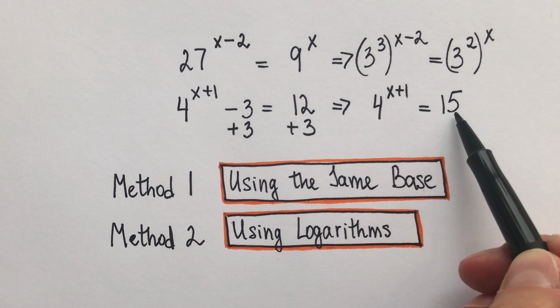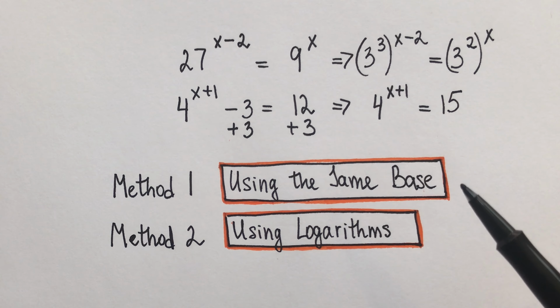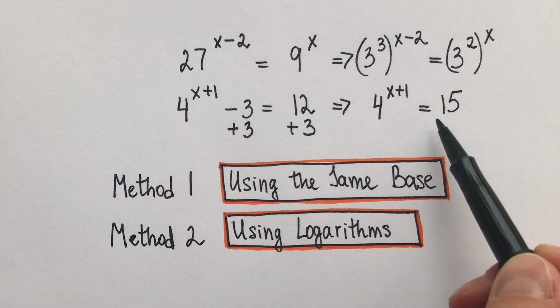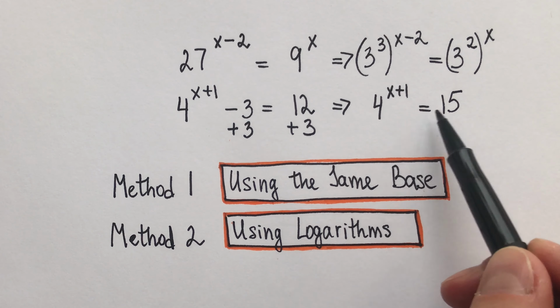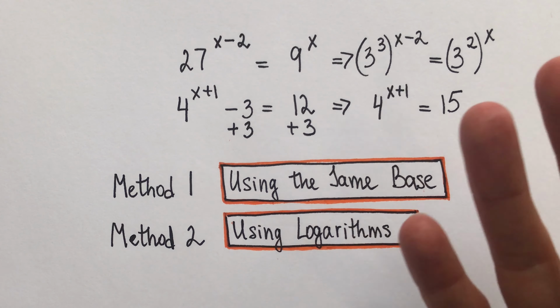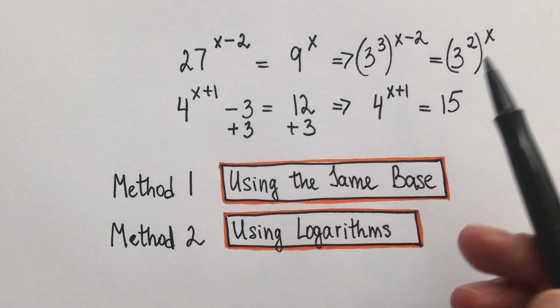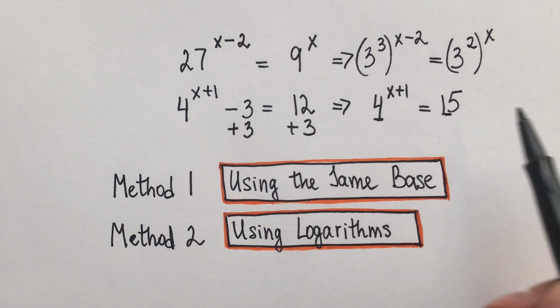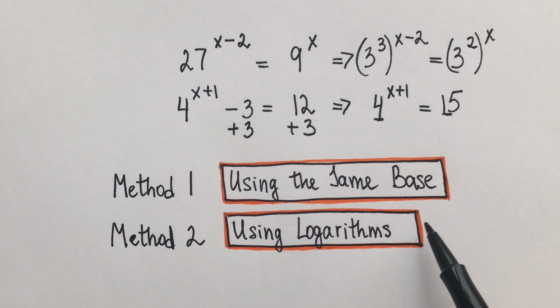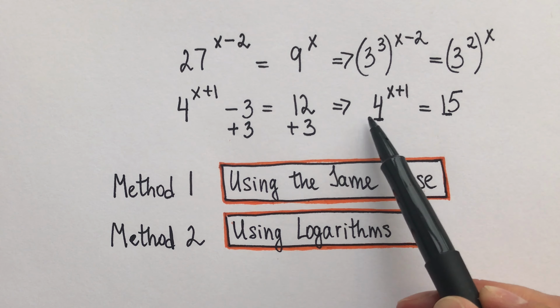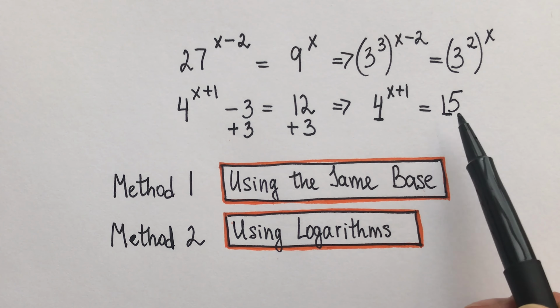We can't rewrite 15 as a power of 4 because 4 squared is 16 and here we have 15. We can't write 4 and 15 as a power of 2 or as a power of 3, so we can't get the same base on both sides. We're going to use logarithms. We're going to take the common logarithm of both sides and solve the equation.